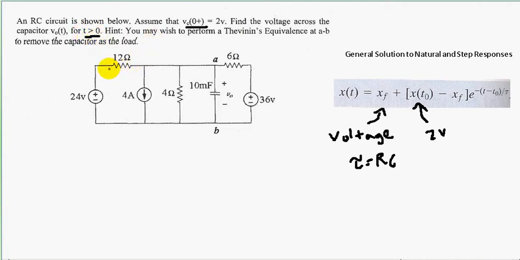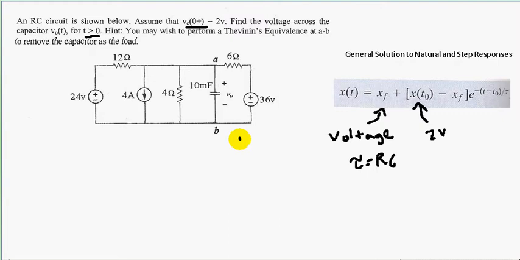Let's use the source transformation technique. Remember source transformation? We're taking Thevenin's equivalent and transforming it to Norton's equivalent and vice versa until we simplify this circuit. Let's start from the left side. We have this 24-volt voltage source in series with this 12-ohm resistor. Let's do a source transformation. How do we do that?